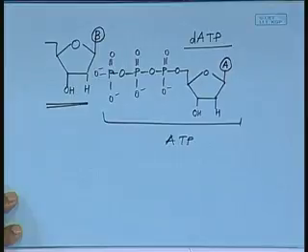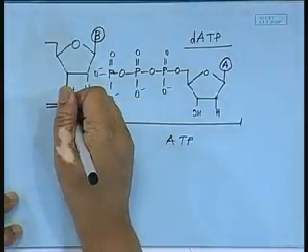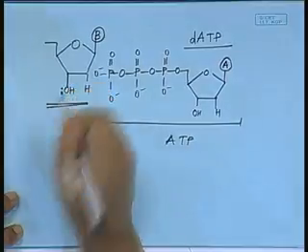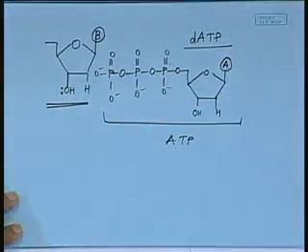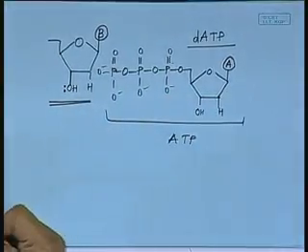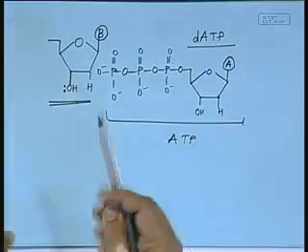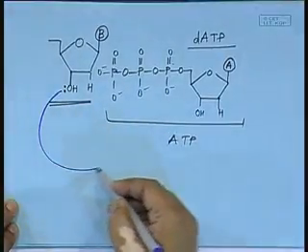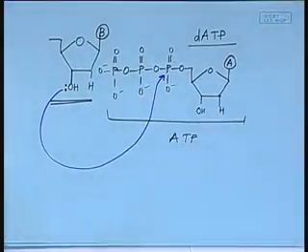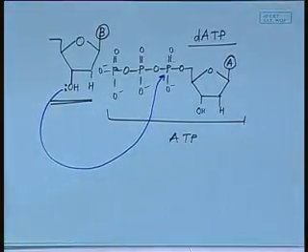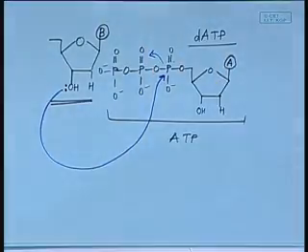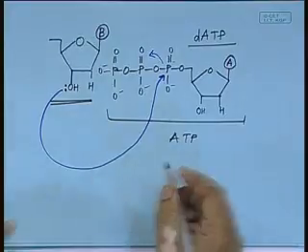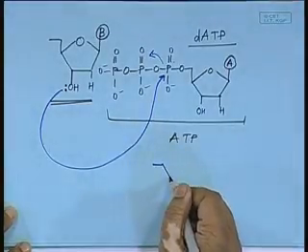What is happening now is this lone pair attacks this phosphate. Okay. So, what we have is this lone pair attacking this phosphate. What am I going to form then? What is going to happen?